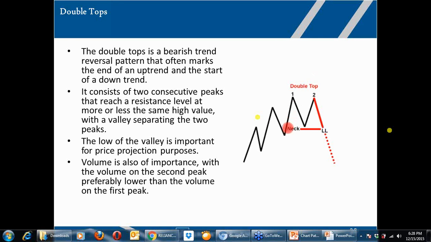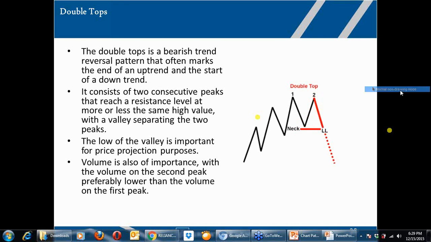In this case, you can see here that the price has made the first peak, then it comes back to make a second peak, and then it's declining.